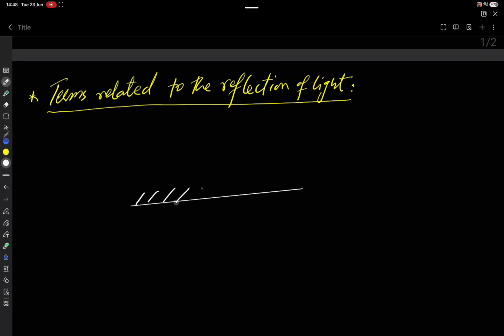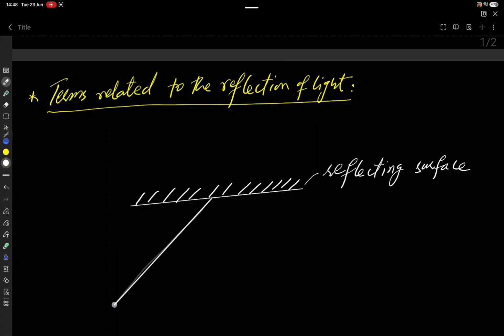This is the reflecting surface. This is the incident ray. This is the reflected ray.